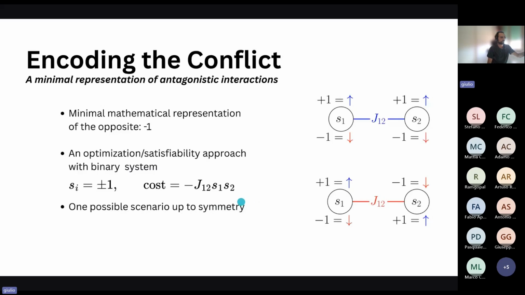If your cost function is just the product of these three elements, you will discover that if the link is positive, the two nodes like to stay in the same state, while if the link is negative, they put themselves into opposite states. This is the minimal coding of conflict, and up to now we don't see any richness or unsatisfiability coming out of this.